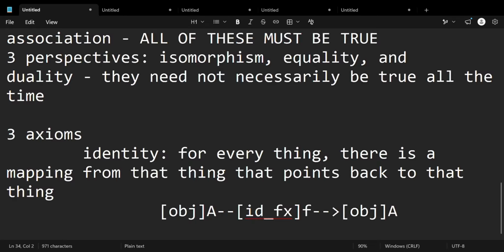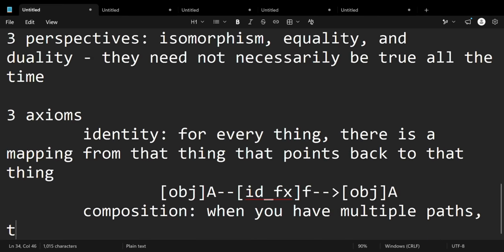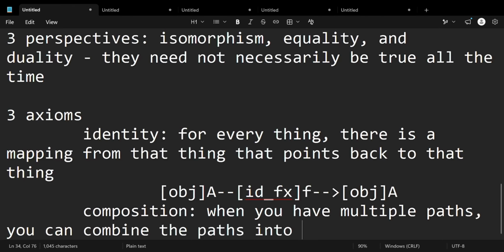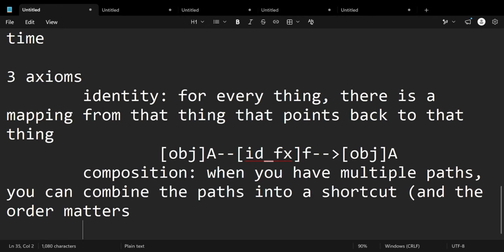For the composition rule, when you have multiple paths, you can combine the paths into a shortcut, and the order matters. So what do I mean by this?